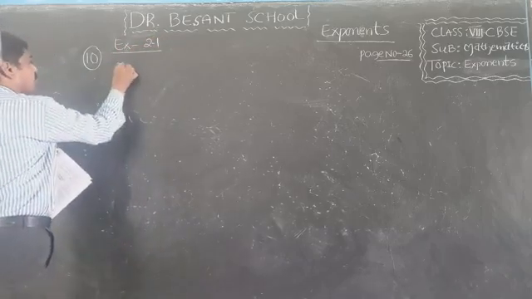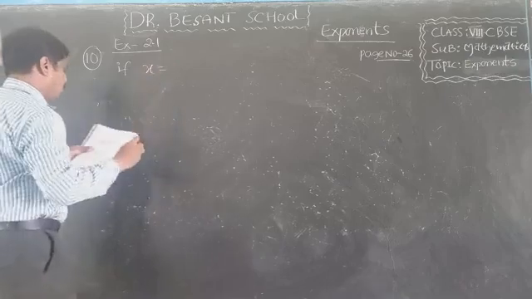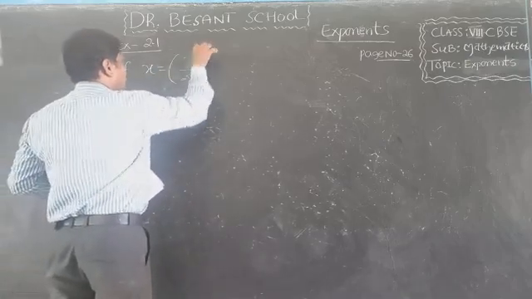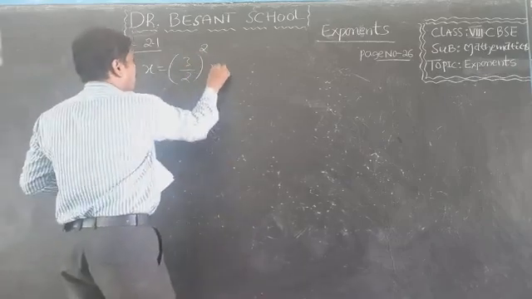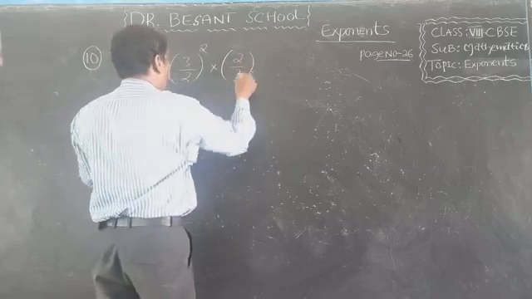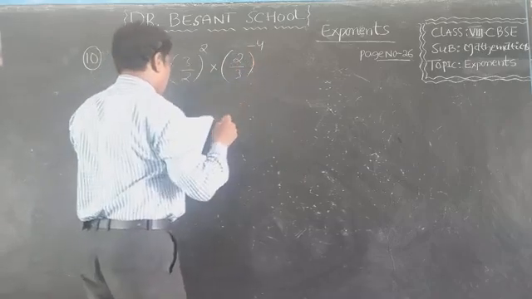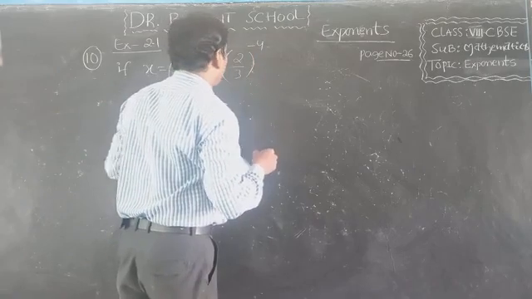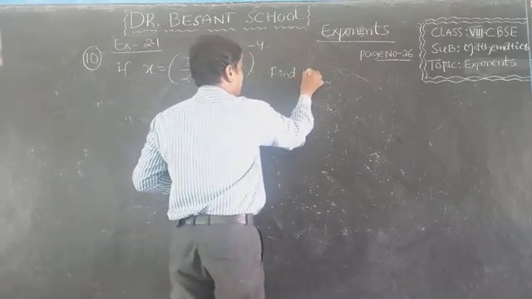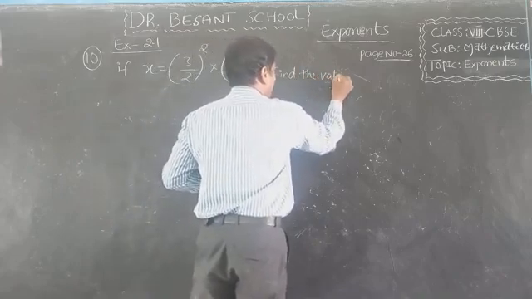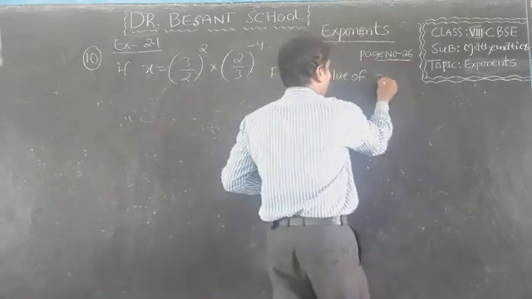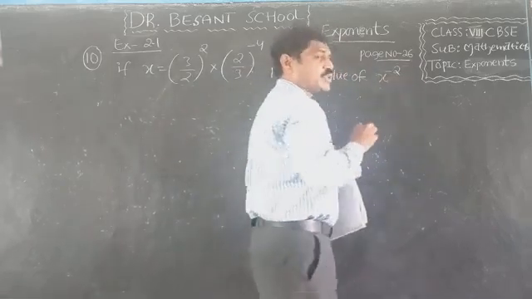If x is equal to (3/2)^2 into (2/3)^-4, find the value of x^-2.